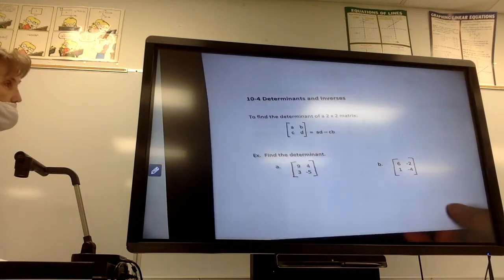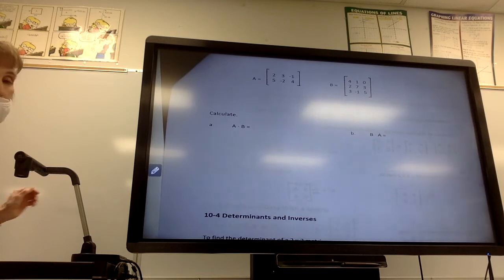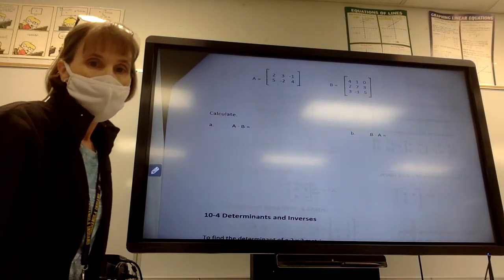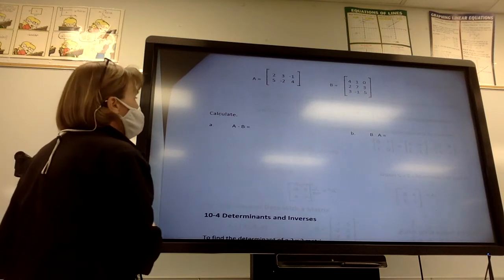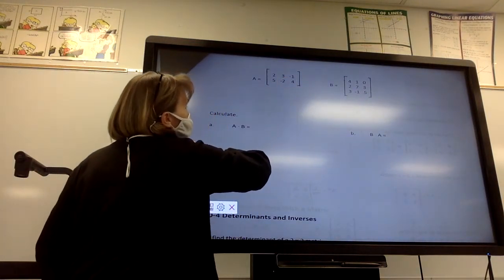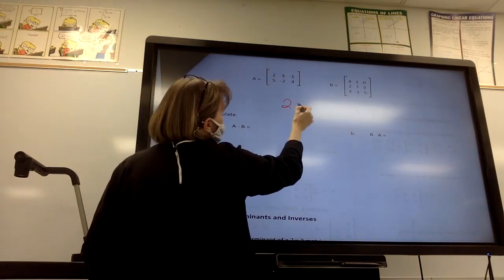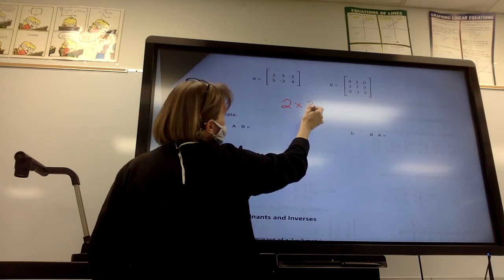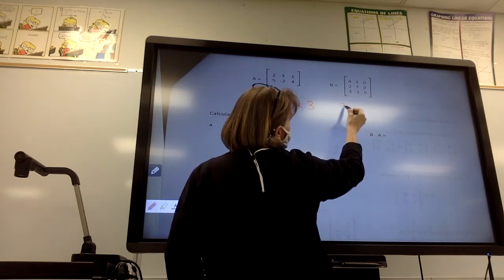Okay, flip it over. Got a couple examples here. Okay, so we want to take A times B. What are the dimensions of A? 2 by 3. How many rows, 2, times how many columns, 3. Okay, and then how about B? 3 by 3.